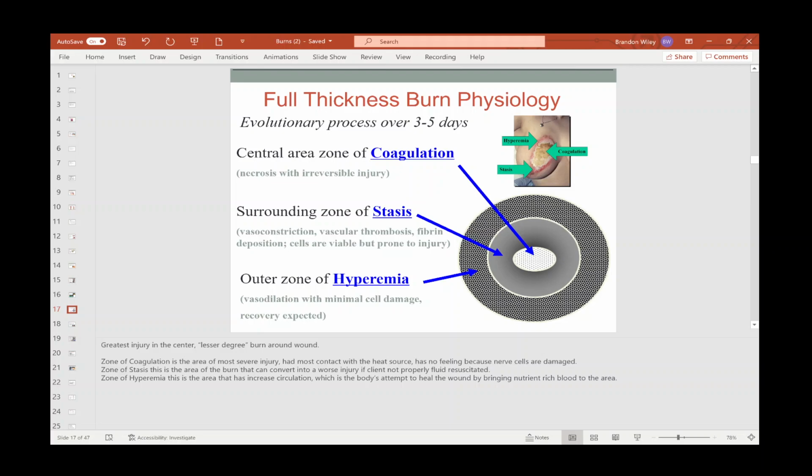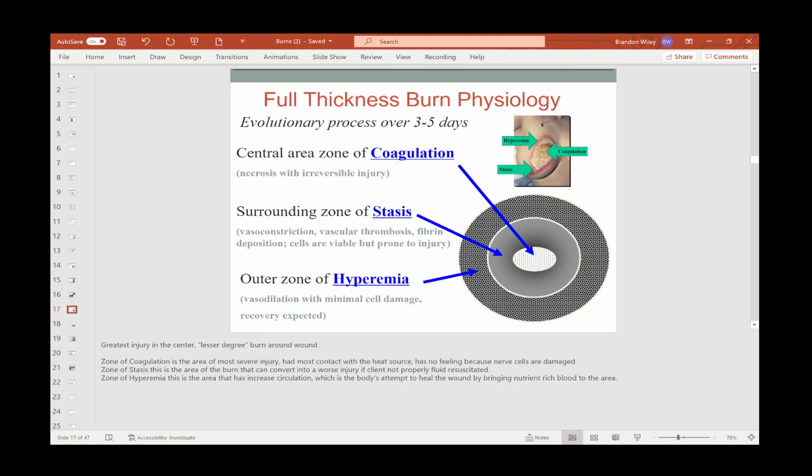That's where you get a little bit of vasoconstriction. You've got a reaction to that area, so the body's trying to heal it, so you'll have some clotting that's going on to try to prevent anything else coming to that area. Fibrin deposits, it's just trying to protect itself with that injury.